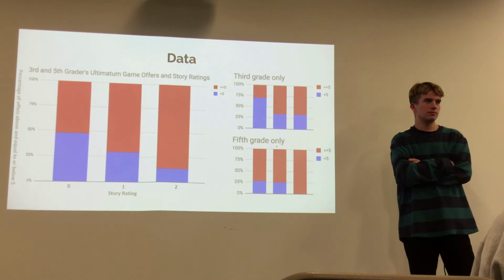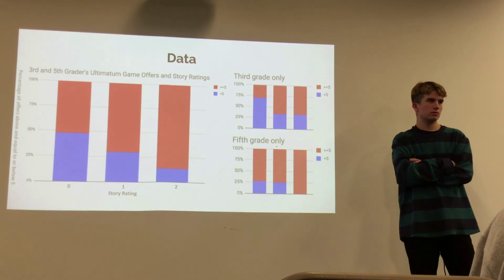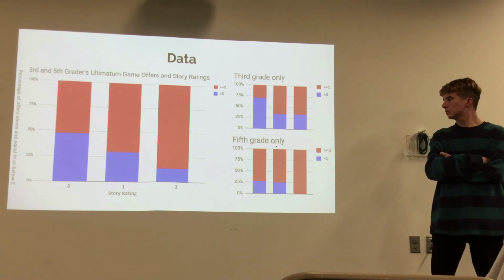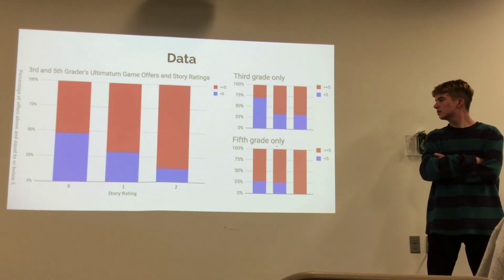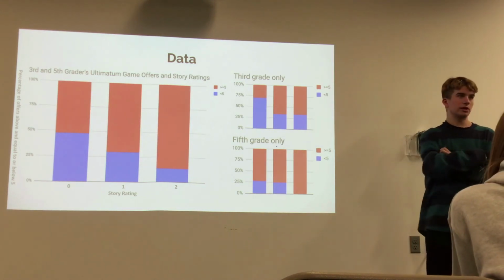Right. Does this idea of a shift from 3rd grade to 5th correspond with the previous literature on this? When you say shift, do you mean that in the 3rd grade, it seems like there's a different distribution between equal and none? Yeah, so it's including more blues, basically. Right.